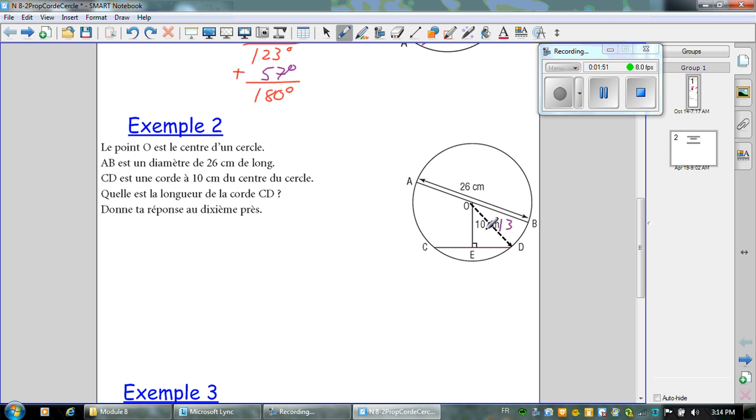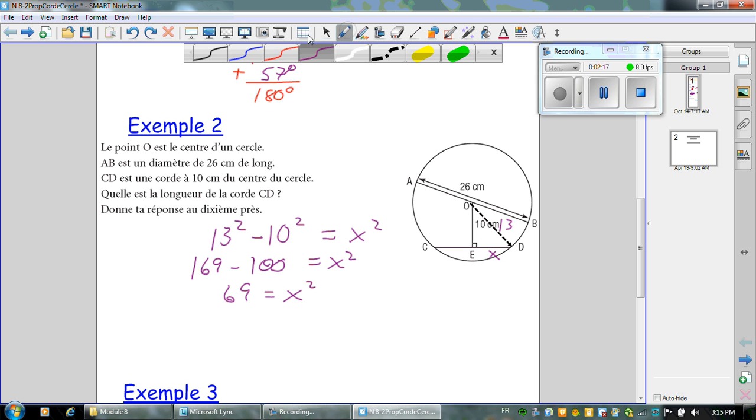So I have a right angle triangle here where I can find this side here, the base, by doing 13 squared minus 10 squared, because this is the hypotenuse, and that's going to be equal to x squared. So I have 169 minus 100 equals x squared. So I'm just looking at 69 for x squared. So my side here from E to D would be the square root of 69.